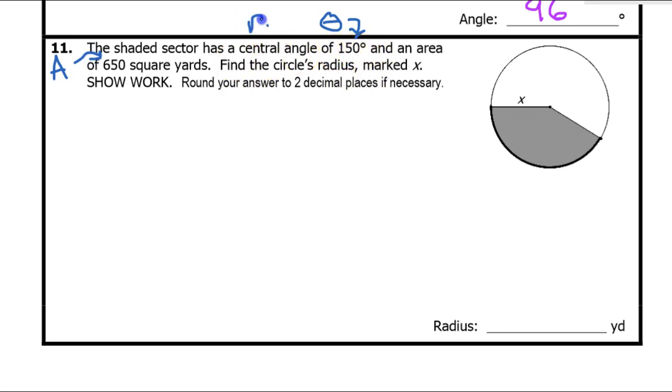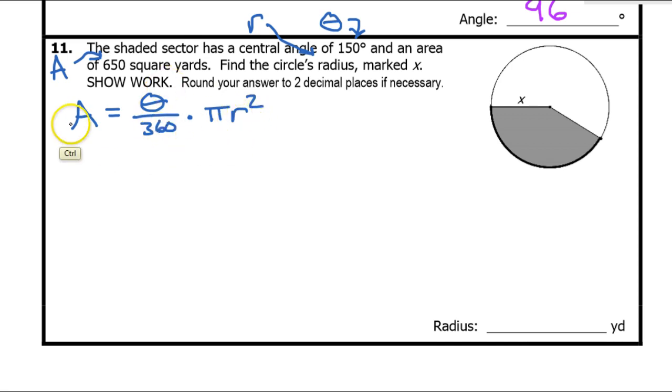So that's r is what we're looking for, and that's marked x. Show your work. So we're dealing with the area of a sector. So let's start by writing down the whole formula. The area of a sector is always some fraction of the whole area. The area of the whole circle is pi r squared. So some fraction of pi r squared.